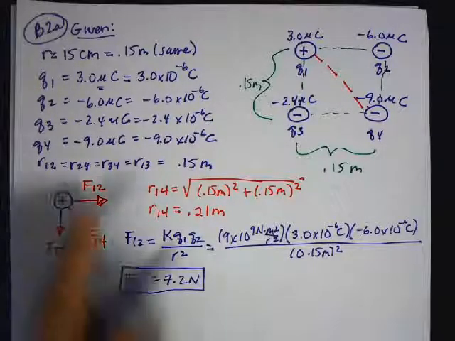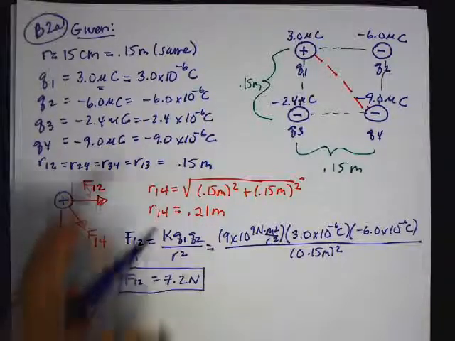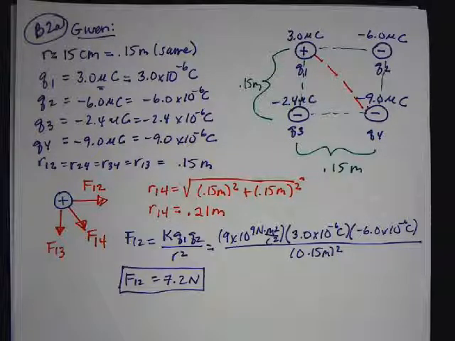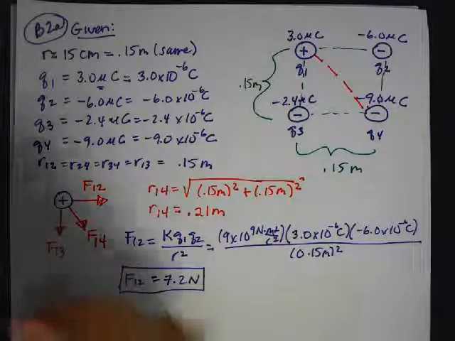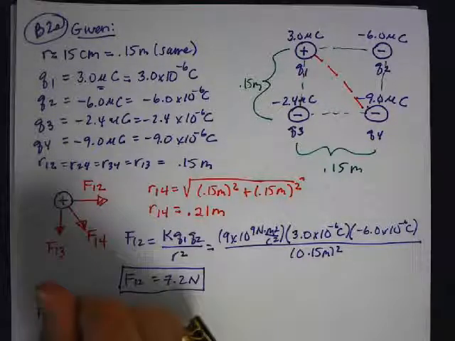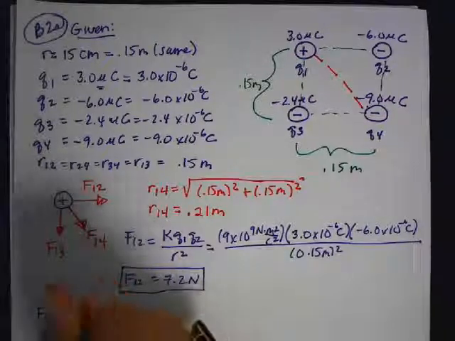So after I find F12, I'm going to find F13, and then I'm going to find F14. F13 is going to be K Q1 Q3 over R squared.